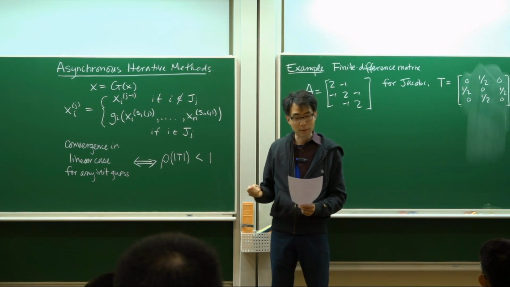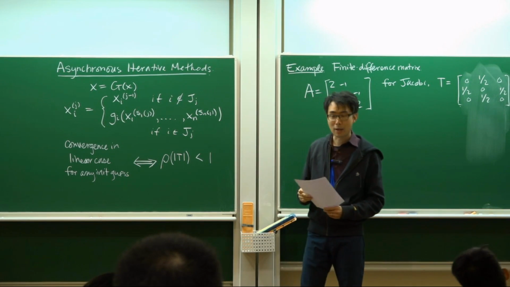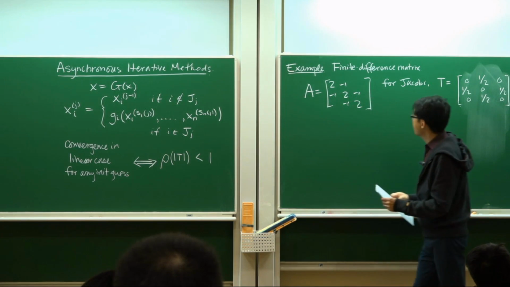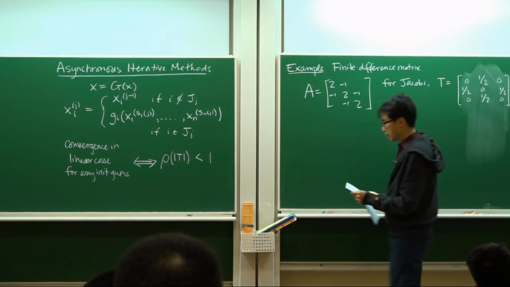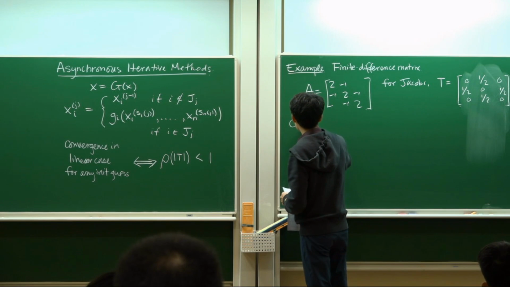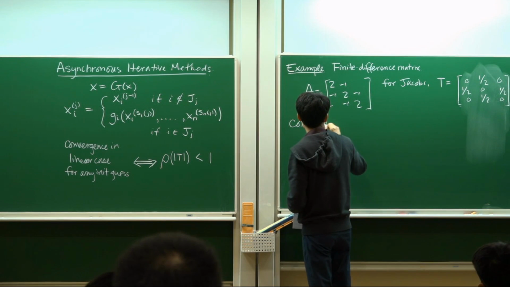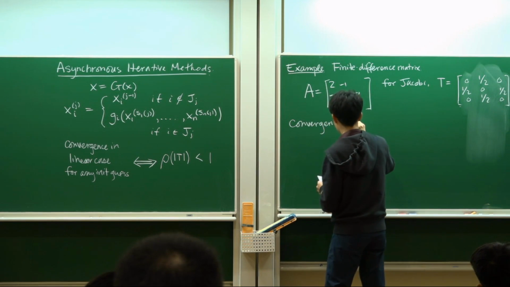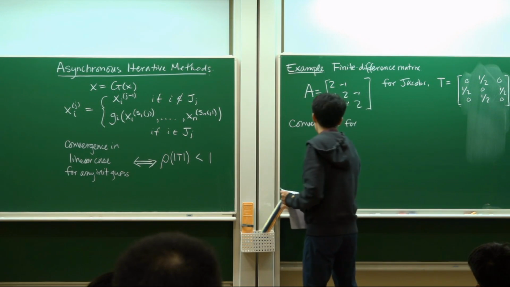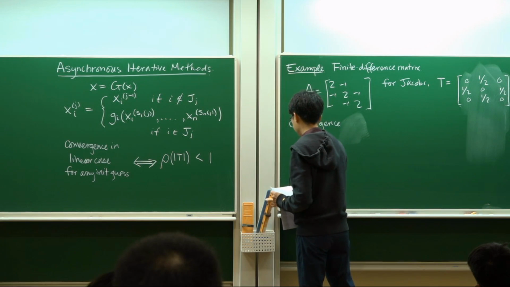So in order to say something about the convergence rate, we have to say something about the size of these delays. And I'm going to talk about the convergence rate only for the linear case. That's a convergence rate for linear iterations.